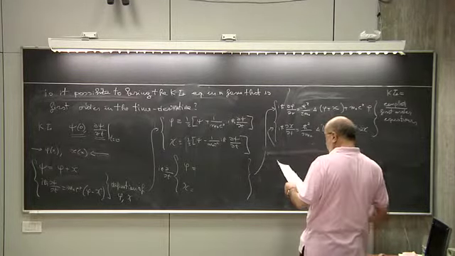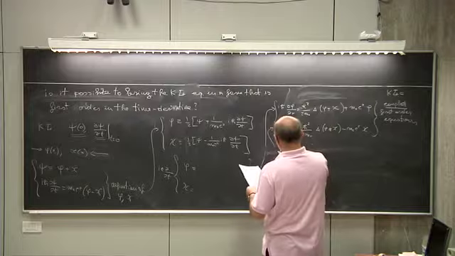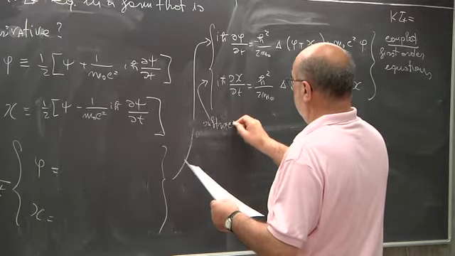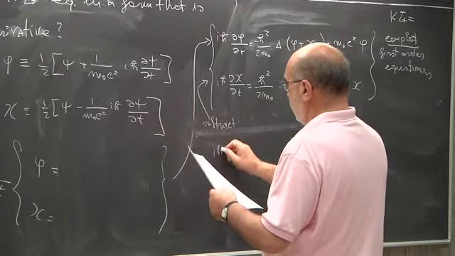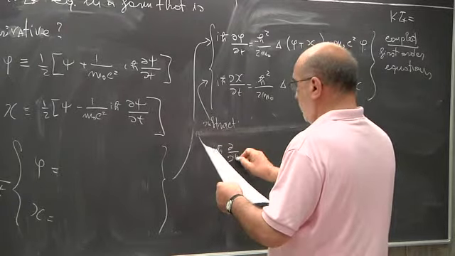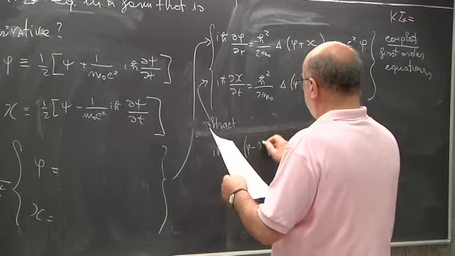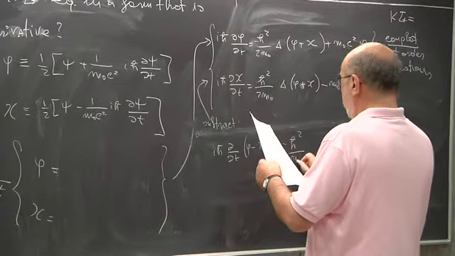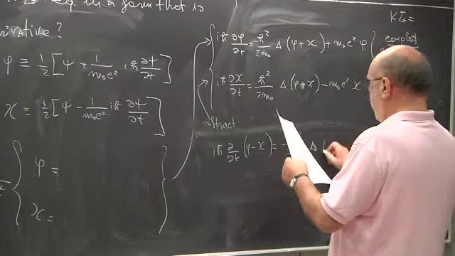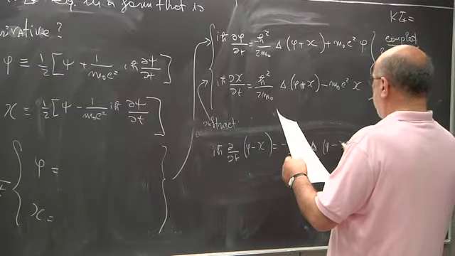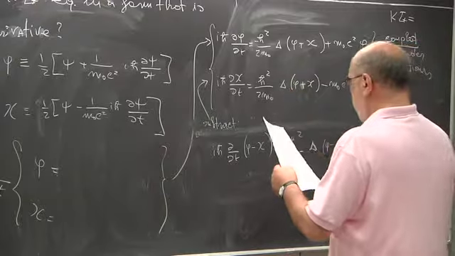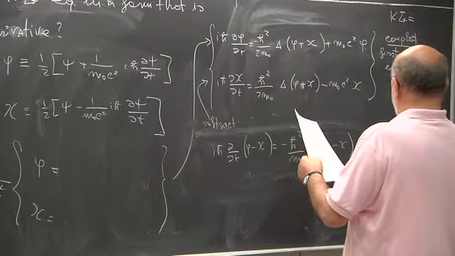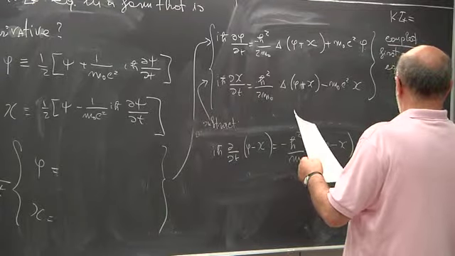Let's subtract the two equations. If we subtract the two equations, I h bar d/dt of phi minus chi equals minus h bar square over 2m Laplacian of phi minus chi, plus m0 c square times phi plus chi.